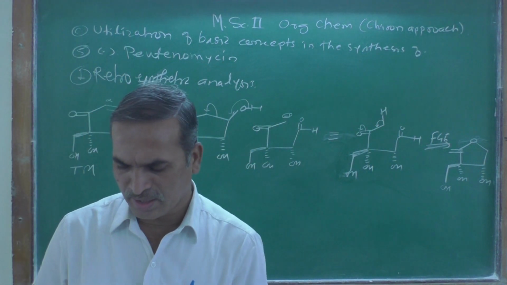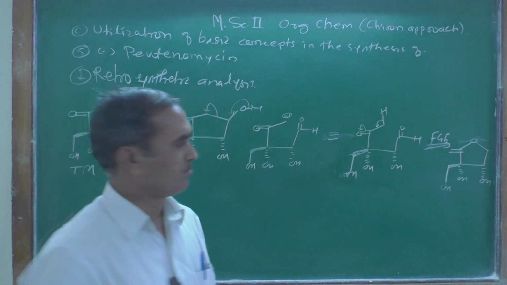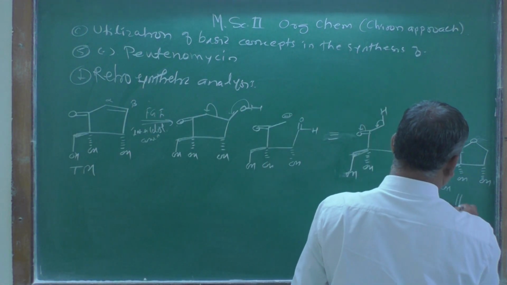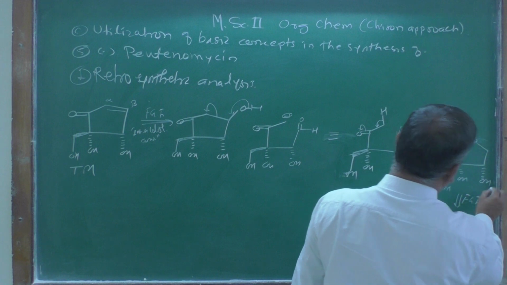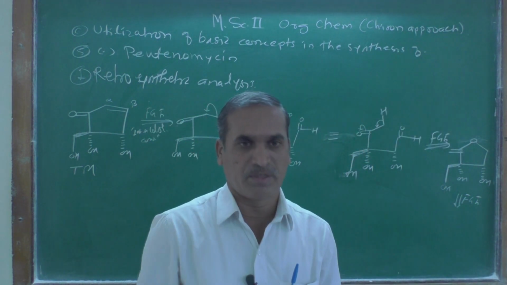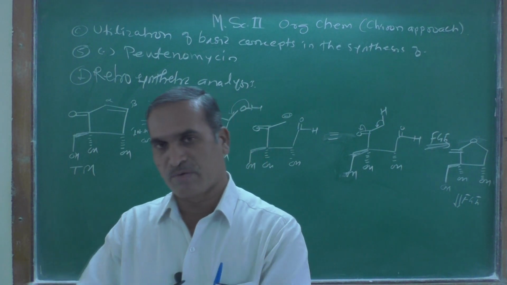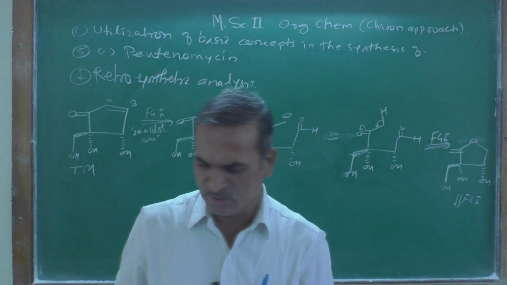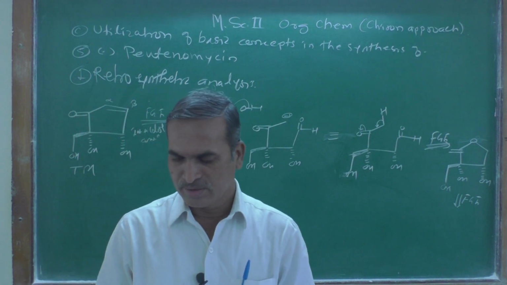And after that again you can do the FGI over here, functional group interconversion. Functional group interconversion means one functional group is converted into another functional group, so that disconnection becomes possible.